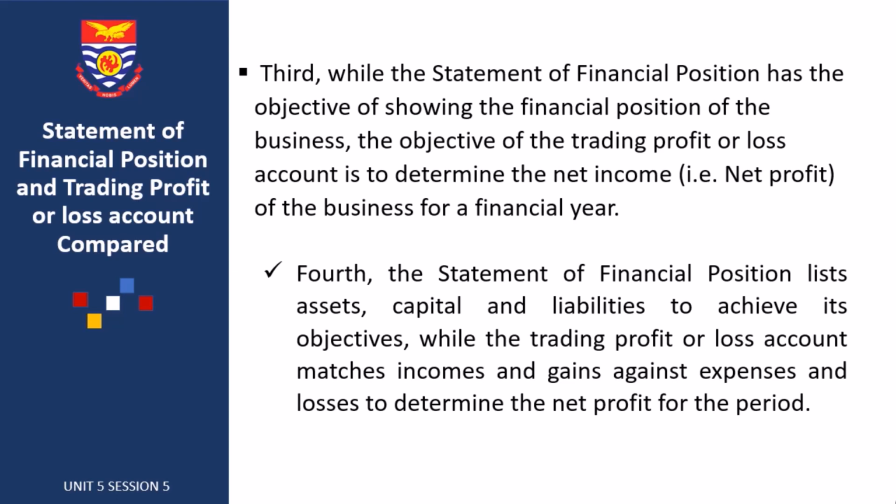Fourth, it is clear by now that the statement of financial position lists assets, liabilities, and capital, which are real and personal accounts, to achieve its objectives, while the trading profit or loss account matches income and gains against expenses and losses, all of which are nominal accounts, to determine the net profit for the period.